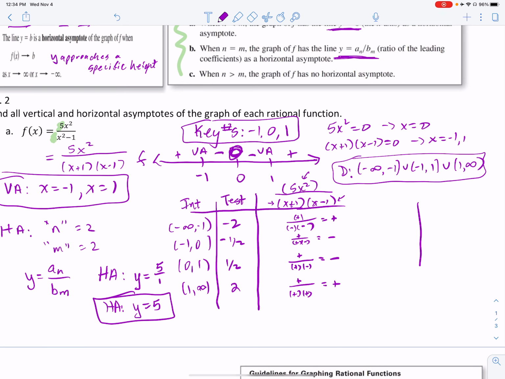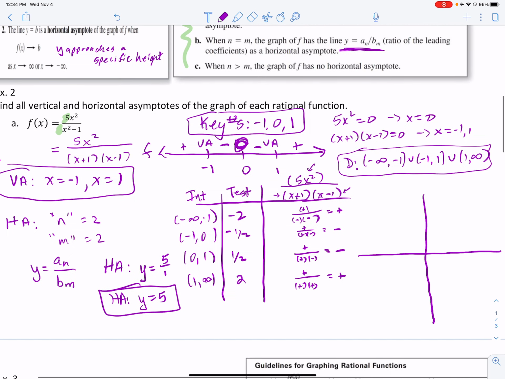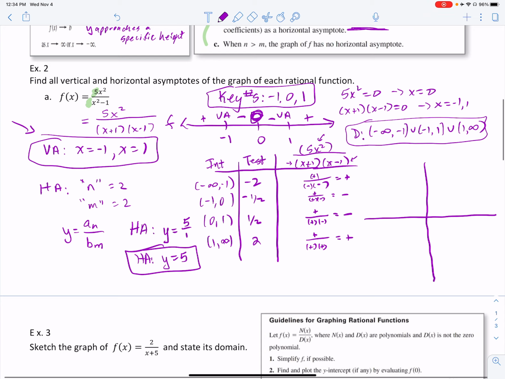So if I go to sketch this, I know it didn't ask for it, but I started going that way, so I went ahead and just kept on with it. I have a 0 at 0. And then at -1, I have a vertical asymptote. And at +1, I have a vertical asymptote. And then don't forget that I have a horizontal asymptote up at 5.